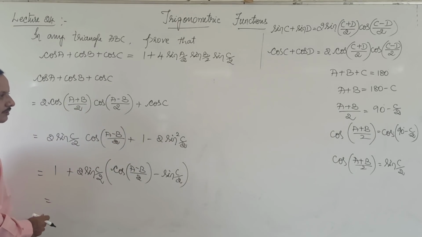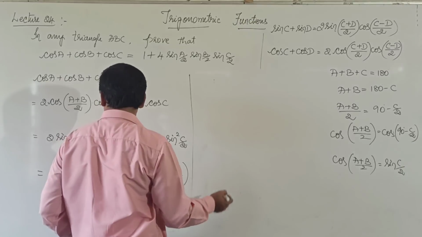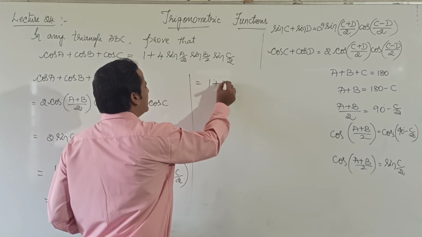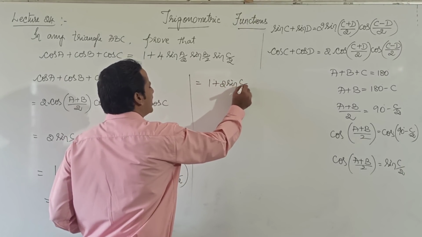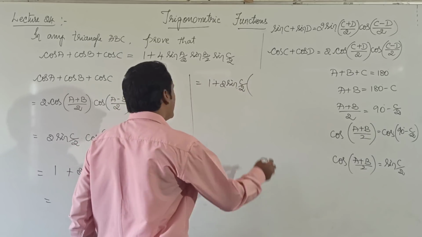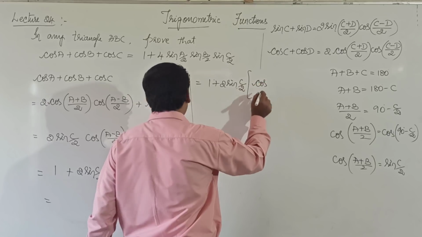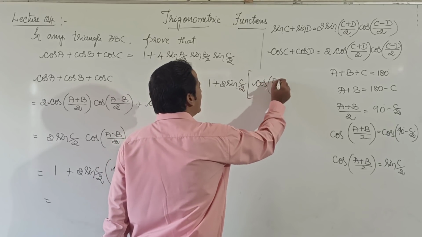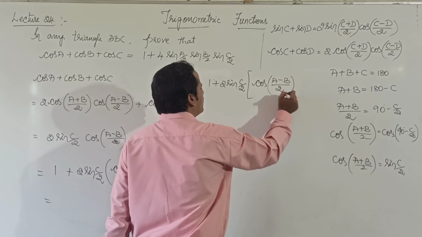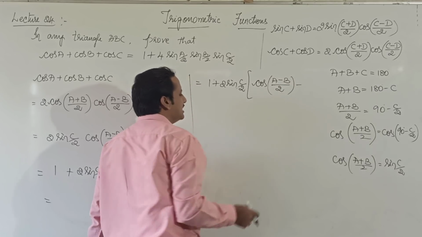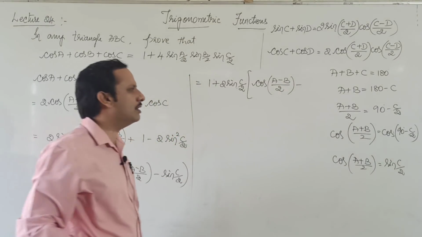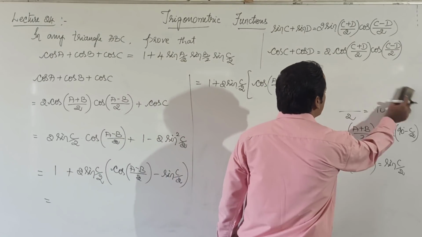So this is equal to 1 plus 2 sin C by 2 into cos A minus B by 2 minus sin C by 2. I am writing sin C by 2 as cos A plus B by 2.